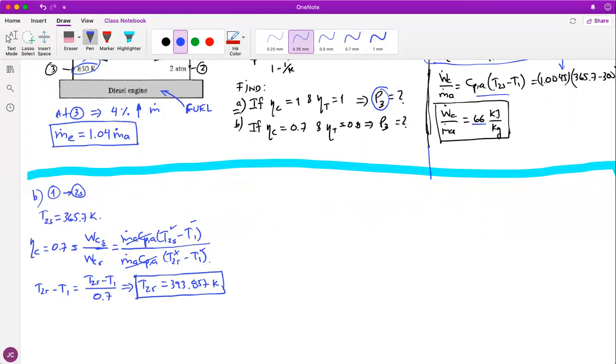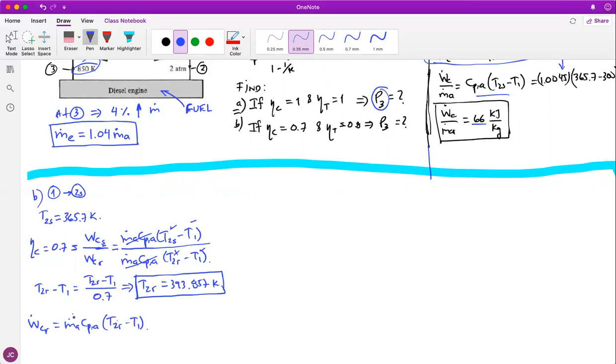Okay, so what is that good for? Well, now maybe I can write an expression for the real or the actual work received by the compressor, which is equal to m_a c_pa times (T2R minus T1).